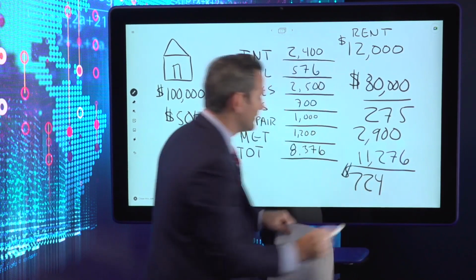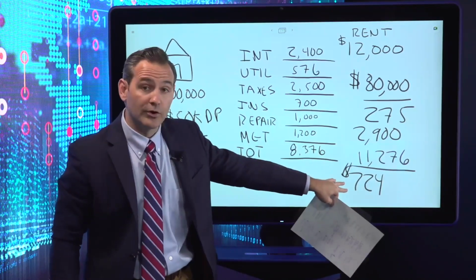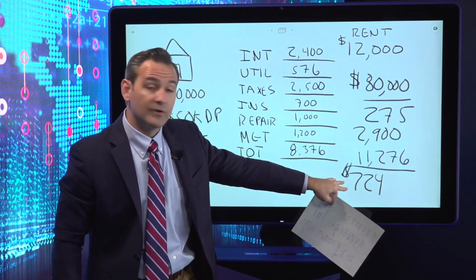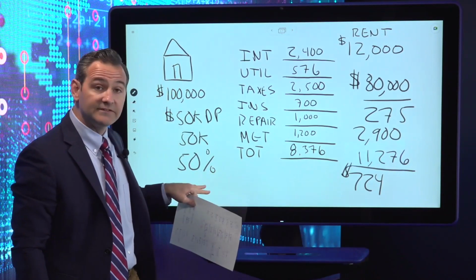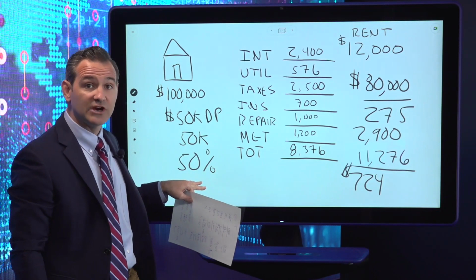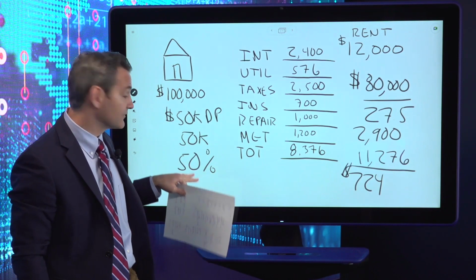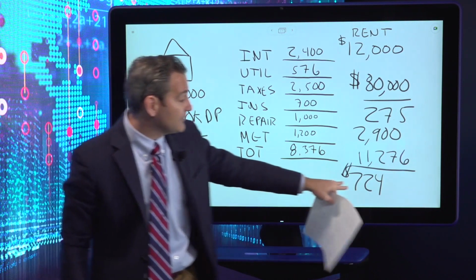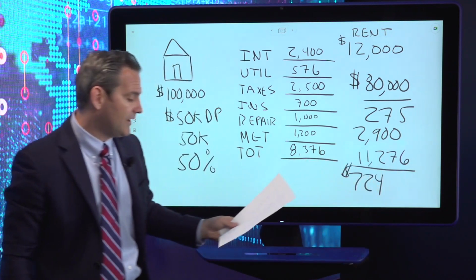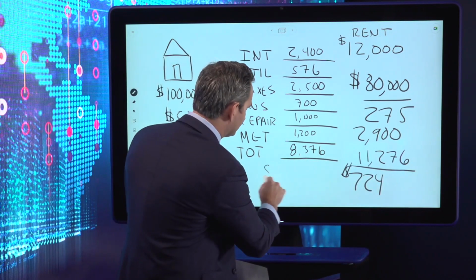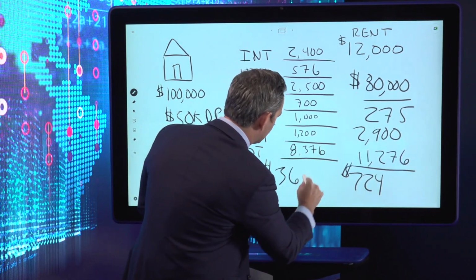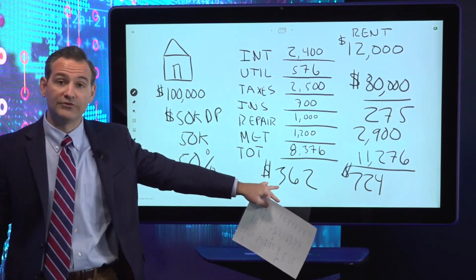So we have $724 in net proceeds. And remember that only 50% of the proceeds are subject to the unrelated business income tax because we're 50% leverage. So 50% of the 724 is going to come out to be $362. So we have $362 in net proceeds.